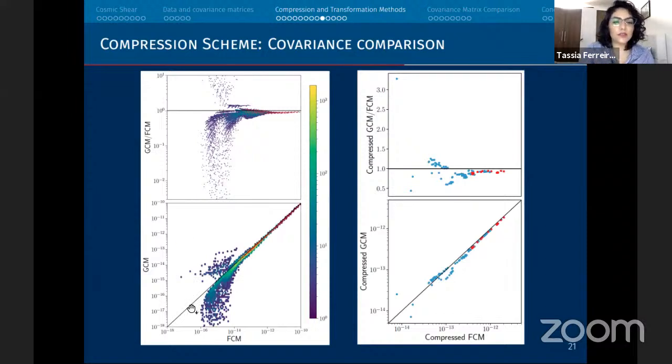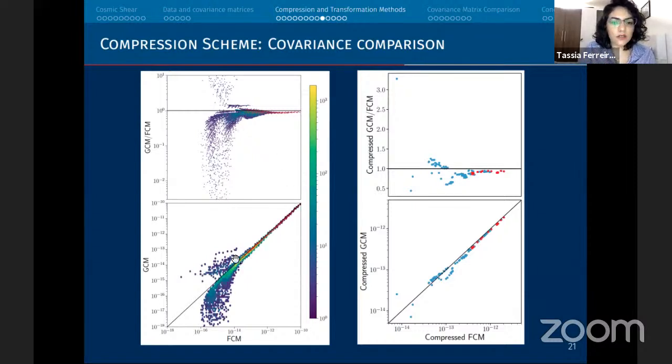It is true that these are the smallest elements, and we don't generally look at these smallest elements, but we do see differences in the parameter constraints. So this might strike you as important if you're looking for the differences.